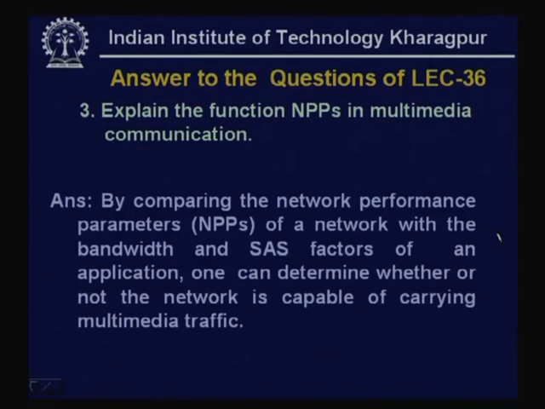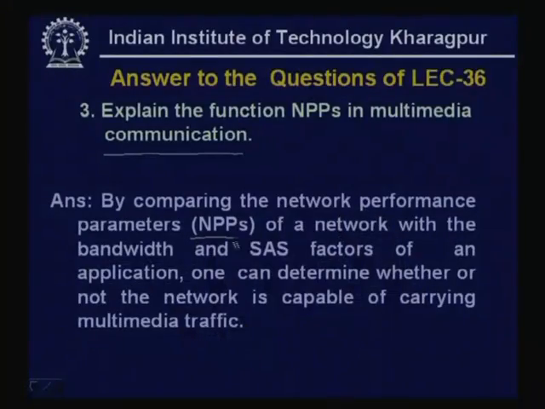Third question was, explain the function of NPPs in multimedia communication. For multimedia transmission, the requirement is specified by SAS factors and bandwidth. On the other hand, the network performance is specified in terms of network performance parameters, and these two are to be compared: the network performance parameters and the SAS factors as well as the bandwidth requirement of an application.